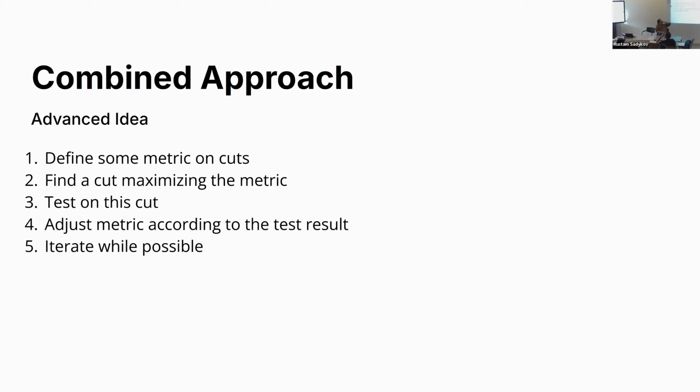So basically, the idea is described here: we choose some metric, find the cuts that maximize this metric, test on this cut, then adjust the metric according to the results of the test, and so on.